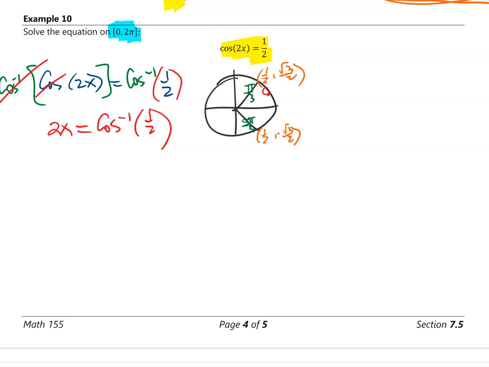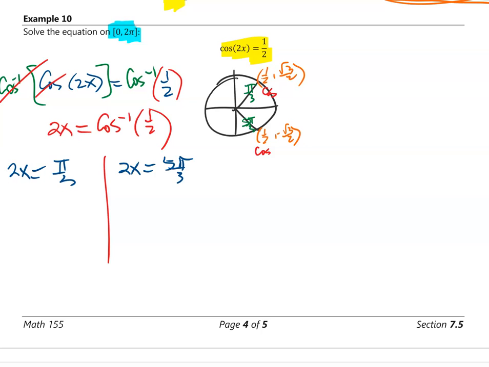On the unit circle, cosine pi over 3 is 1/2, and cosine 5 pi over 3 is also 1/2. So we can say that 2x is equal to pi over 3, and 2x is equal to 5 pi over 3.